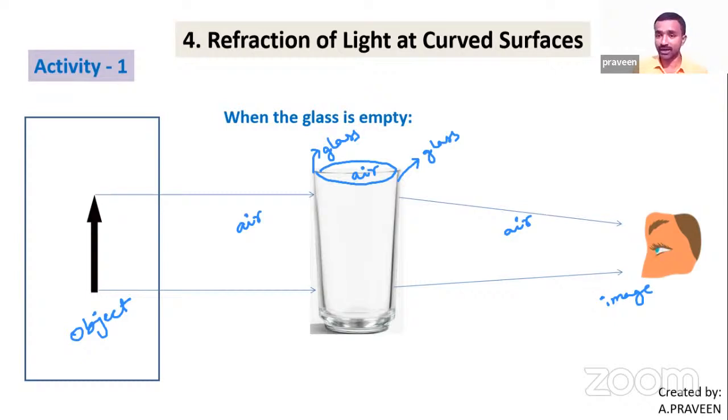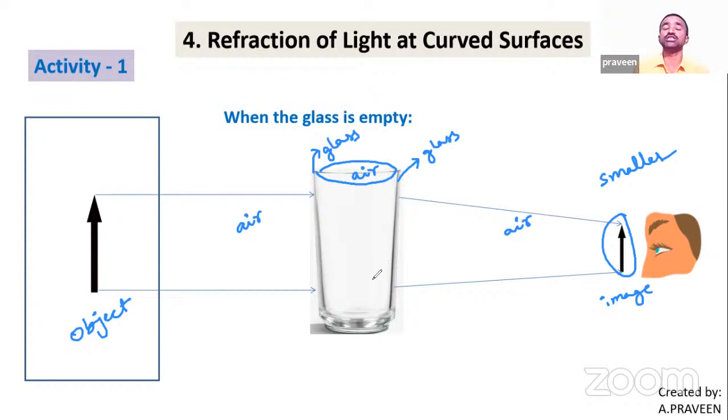So here you are receiving the top ray and the bottom ray, top at top only, bottom at bottom only, but they appear to be converging. So simply the image will be formed in between them. Compare the sizes. Are they the same? No. The size is observed smaller than the original.